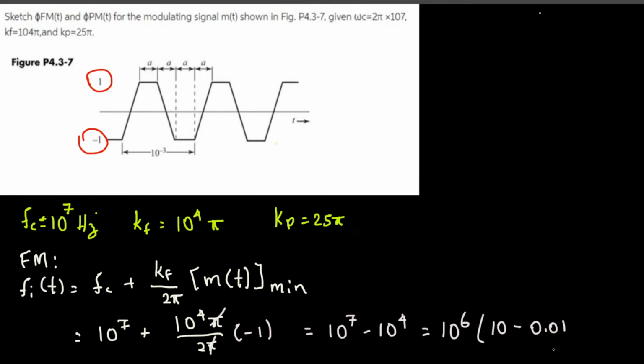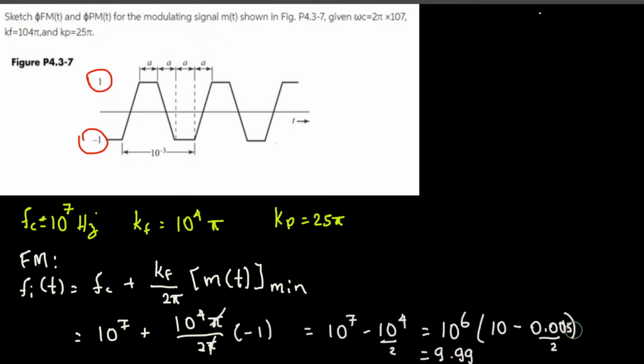Okay, so this is going to be 9.99, and there's also a 2 dividing. I didn't consider that. So this is going to be divided by 2. So that's going to end up with 0.005, something like this, if you divide it.